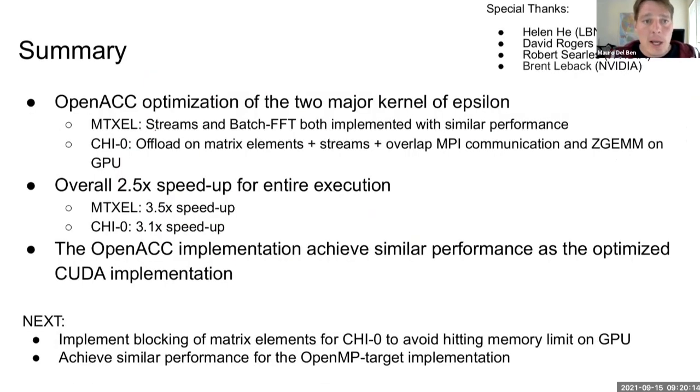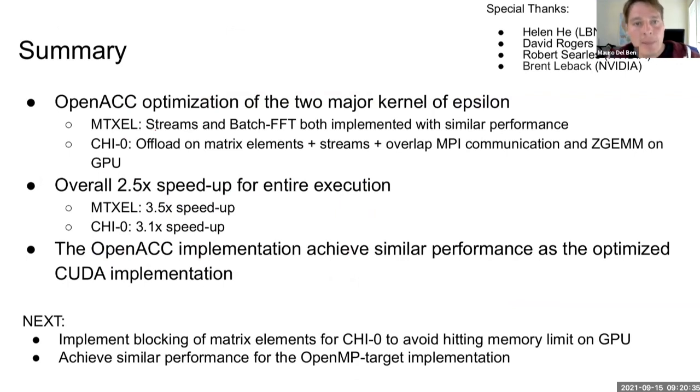So to summarize, we have optimized for the OpenACC programming model the two major kernels of the Epsilon module of BerkeleyGW. The MTXEL took advantage either of streams and blocked implementation or the batch FFTs, which achieve very similar performance.